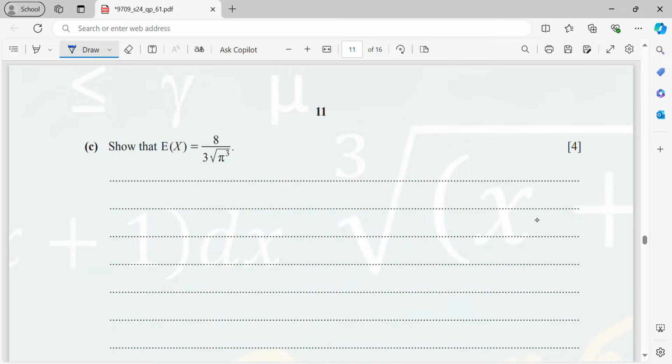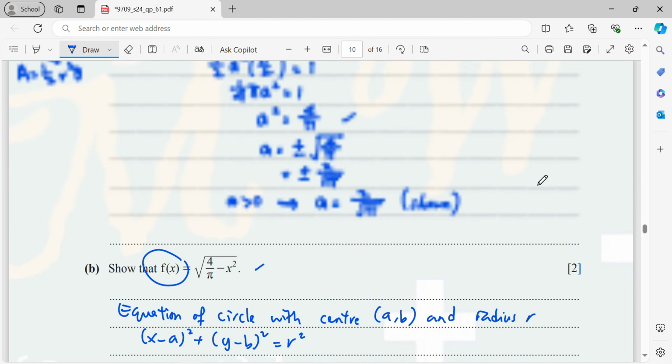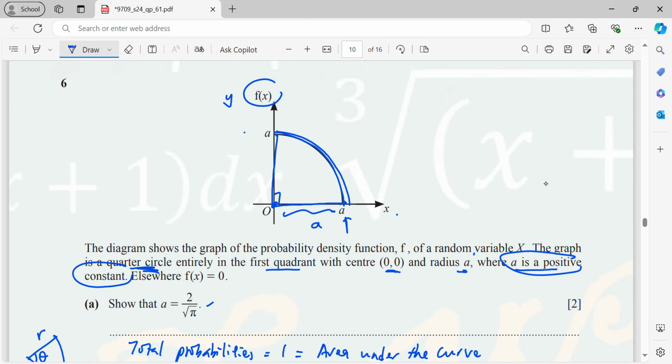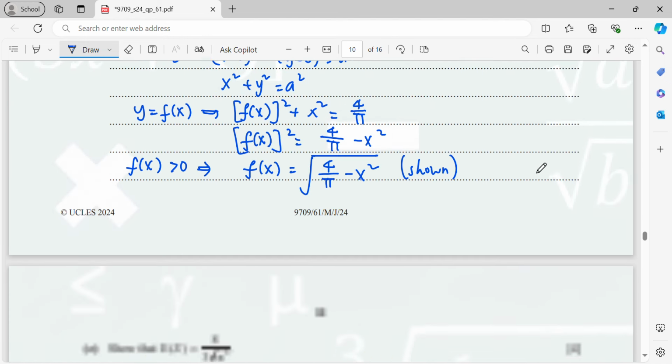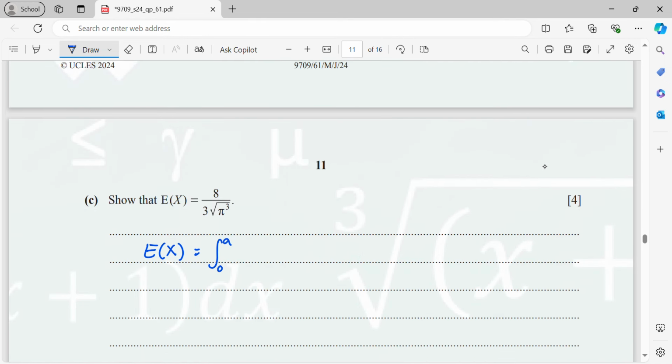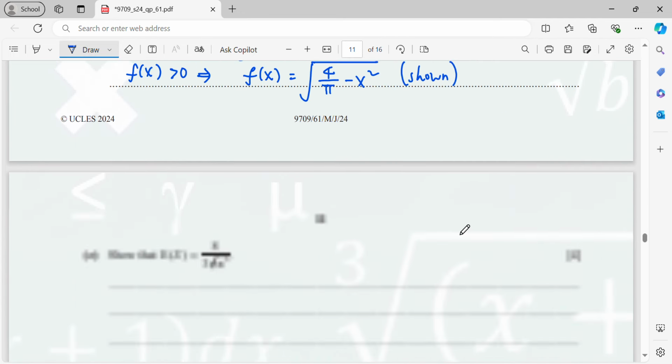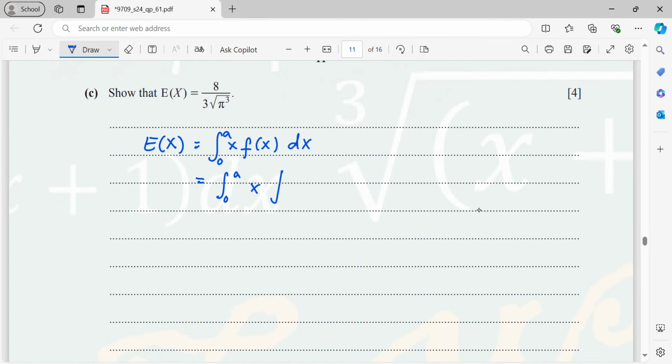Now show the E(x). So E(x) is basically the integral from 0 to a, because your f(x) is defined, like let's see here, for x between 0 and a. So now the definition for E(x) is you integrate the x values, then x f(x). So now here I will write 0 to a, x, my f(x) is square root of 4 over pi minus x squared.